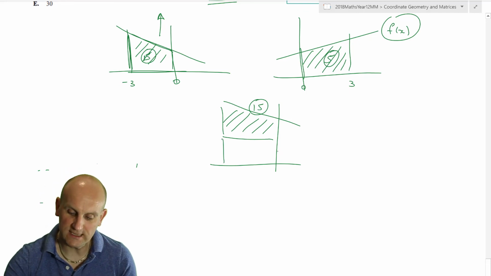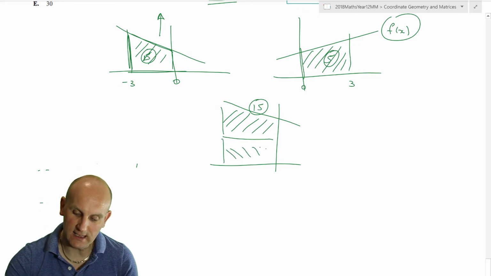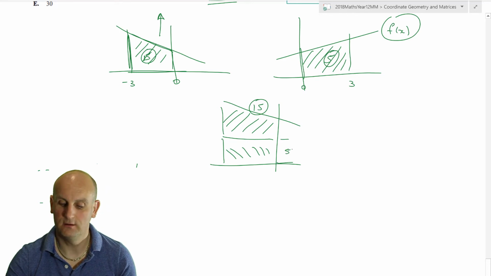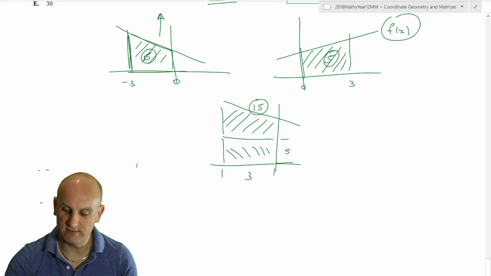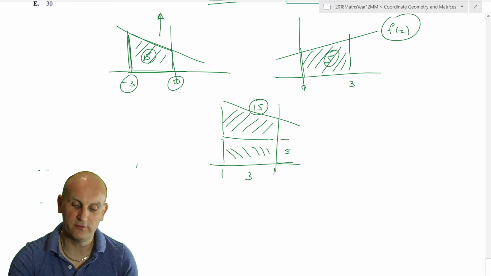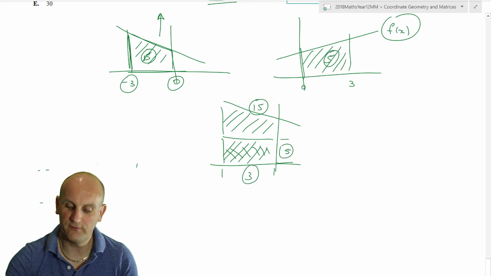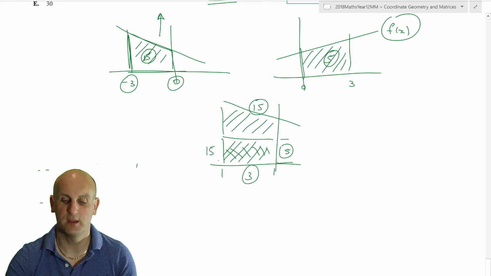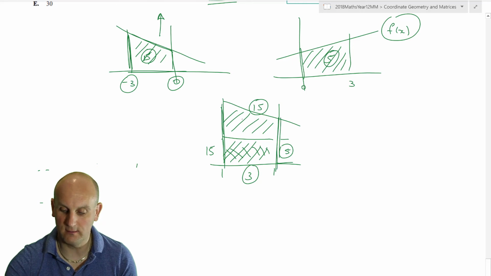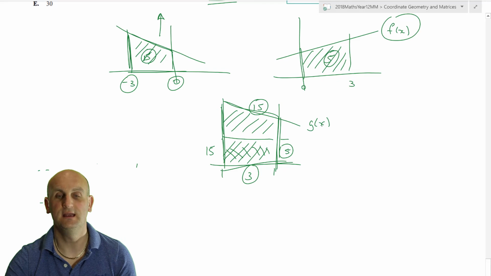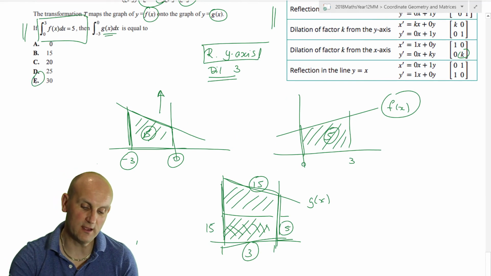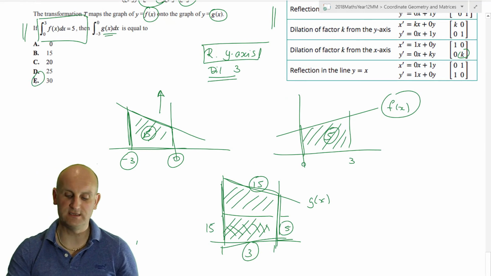But I've now got to take account of this area here. Well, that distance there is 5. And I know this distance here is 3. Why? Because it goes between -3 and 0. So this area here, that additional area I've now added on, is 3 times 5, which is another 15. So my total area in that function there, which just happens to be g of x, is 30. And so the correct answer to this question was 30.